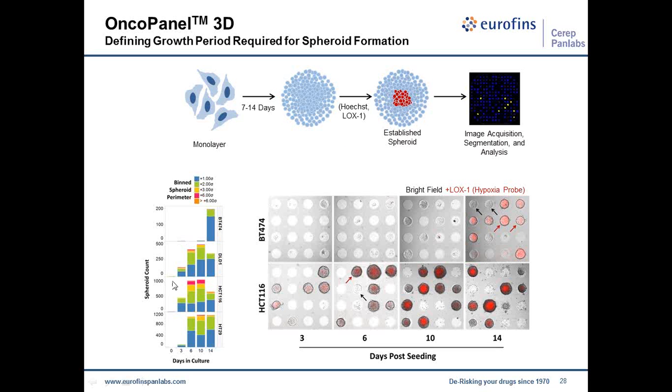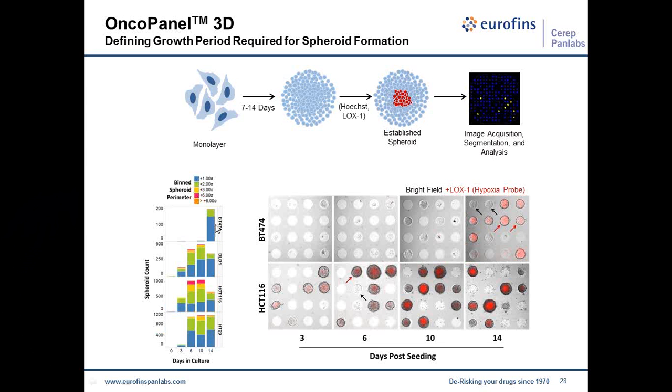So on the bottom left-hand plot, you can see spheroid growth over time. And we have, again, here a range of cell lines based on growth rates: BT474, which grows slowly, and contrast that with HCT116, which grows quickly. And you can see spheroid formation occurs at different periods.